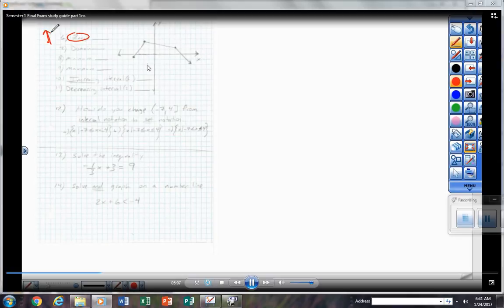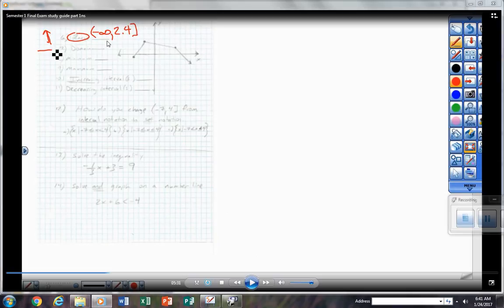This graph, because the line is going down forever, would have no bottom. And again, since range is measured from bottom to top, it is going down. So that would be negative infinity for the bottom of my range, up to the top, which looks like just above 2, about 2.4. That would be a square bracket because that is not an open circle at that point.